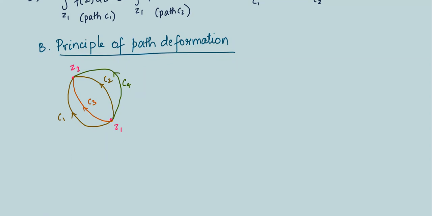Based on the previous result, along path C1 my integral from Z1 to Z2 will be equal to the integral from Z1 to Z2 along path C2.